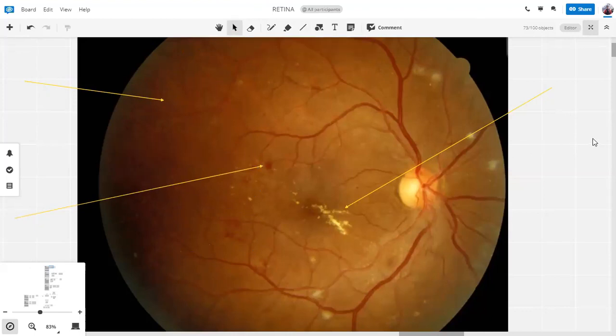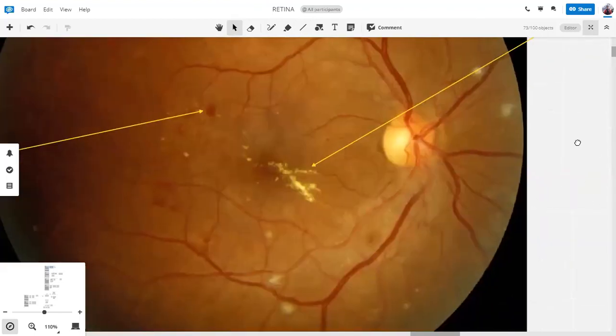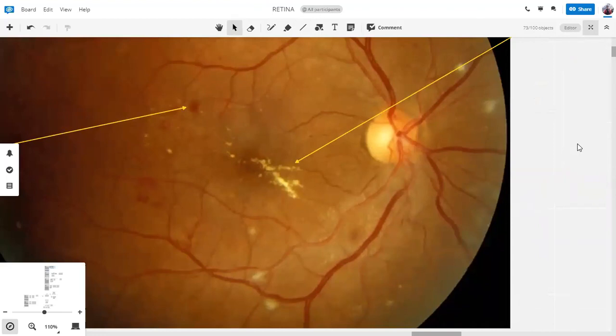What else? Focus on the disc. Focus on the vessels which are going inferiorly from the disc.